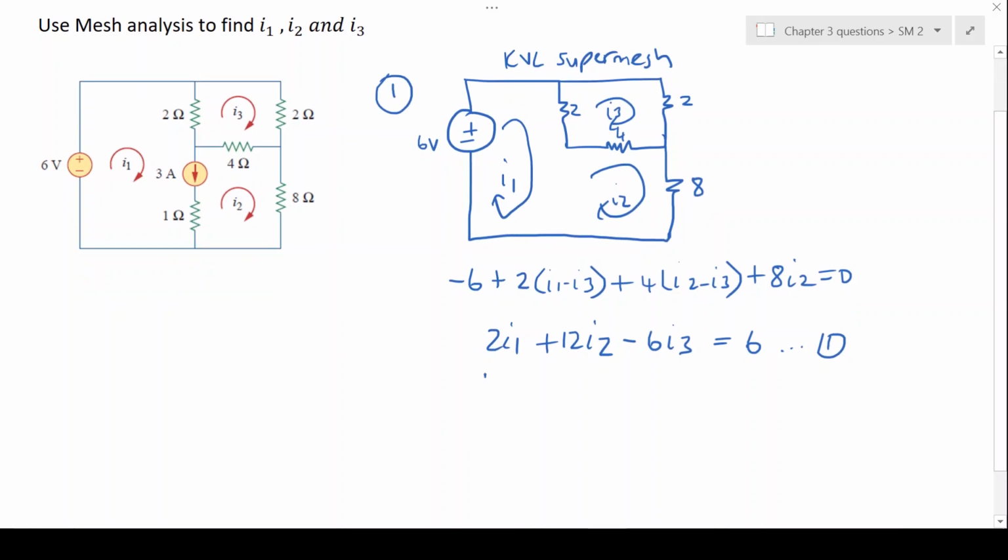The second equation would be KVL in loop 3 or mesh 3. So it will be 2 times I3 minus I1, that resistor there, plus 2, this resistor here, I3, plus 4 times I3 minus I2 gives you 0.